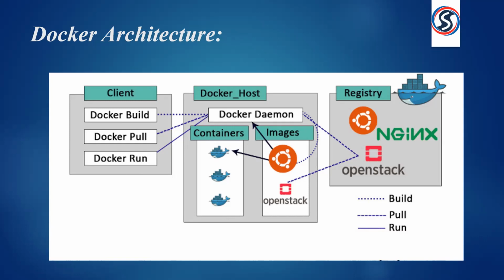It will create a container, and inside that container it will create a layer of images. When this layer of images is run, it creates the application environment, and this application environment is shipped as the container.